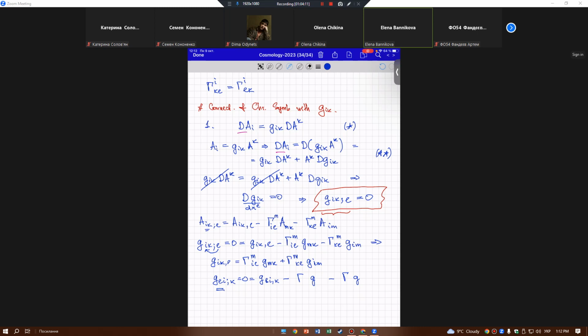I again remember that the gamma takes one of the indexes here, and then the index k, which is covariant, then the summation index. Here, I remember gamma takes the second index i from g and the covariant index k. Again, I need to put here m, l.